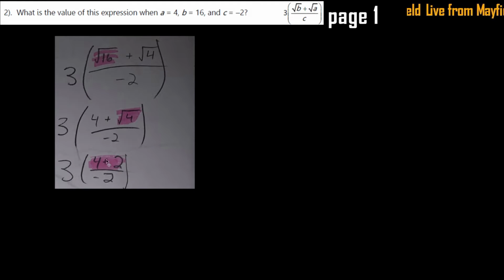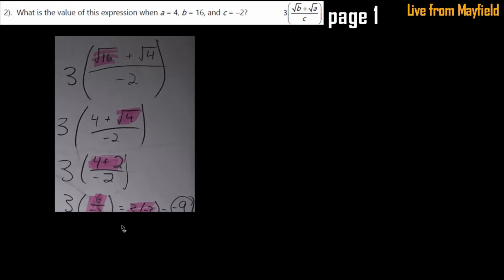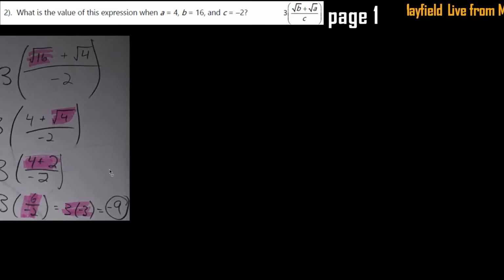And then, still in the numerator, I do 4 plus 2, which is 6. And then I have 6 divided by -2. That's a -3. And then finally I do that final step of 3 times -3, which is -9.